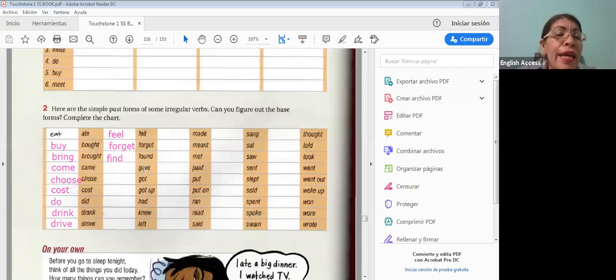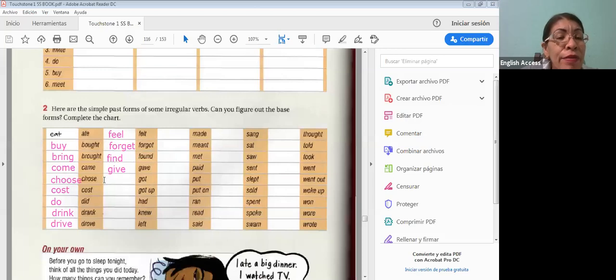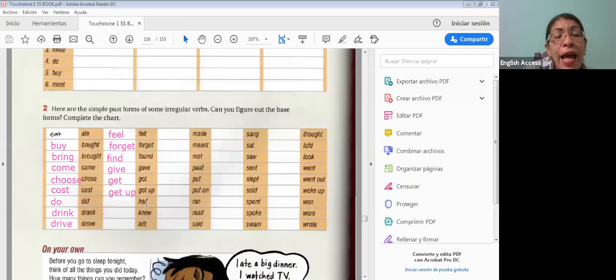Gave is the past of give. Yes, give. Got is the past of, do you know? Yes, get. And got up, present, get up. Yes, like get up. Right. Had is the past of have.